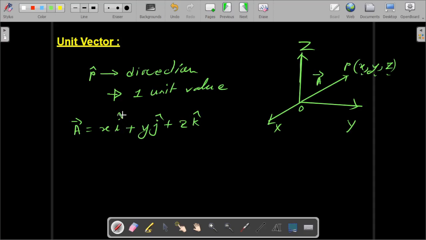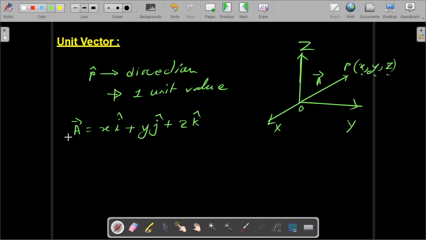Since they have cap sign, therefore they are the unit vectors. Unit vectors in which directions? i cap is in the direction of x-axis, j cap in the direction of y-axis, and k cap is in the direction of z-axis. Right.